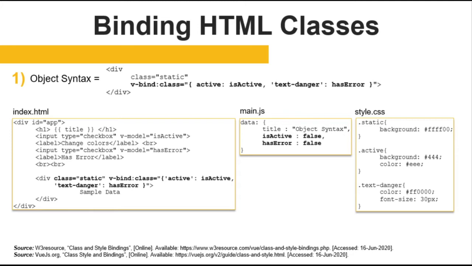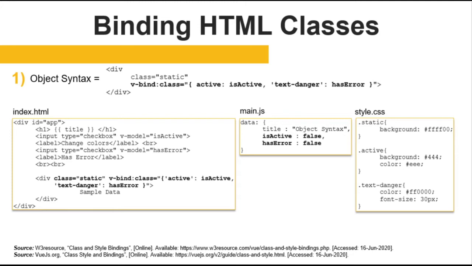In addition, the v-bind:class directive can also coexist with the plain class attribute as shown in the given syntax. In the given code, we have static, active, and danger as the classes defined in our style.css. isActive and hasError are the properties of the data model defined inside our Vue instance, equal to false, which are both set in the v-model of the two checkboxes so that we can toggle the values of isActive and hasError.